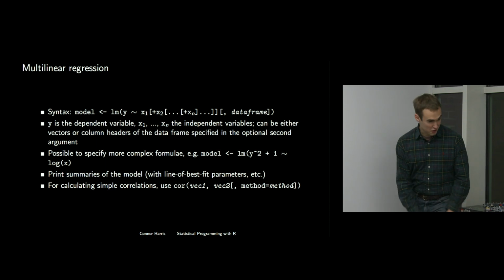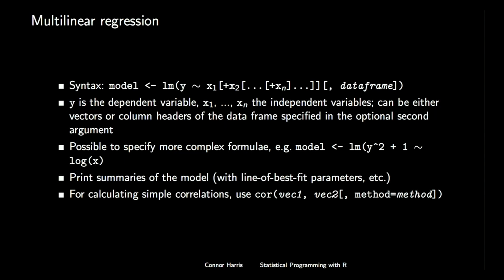So now the actual statistics stuff. Multilinear regression. The usual syntax is a bit complicated. The model is a big object, basically. It gets assigned from lm, which is a function call. My syntax here is a bit confusing. I'm quite sorry. This is the standard way that computer science books do this, but it is a bit weird.